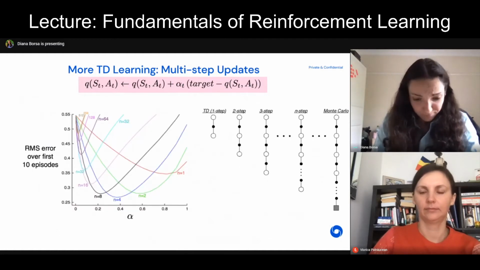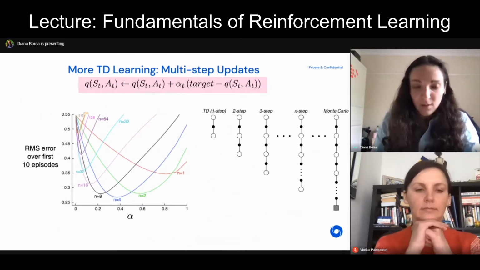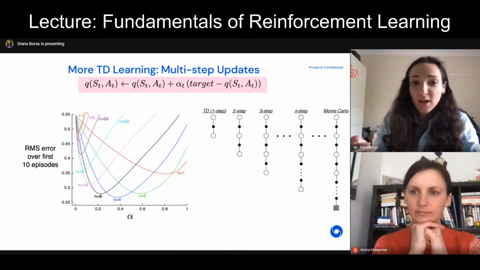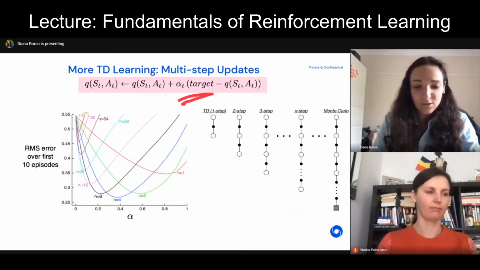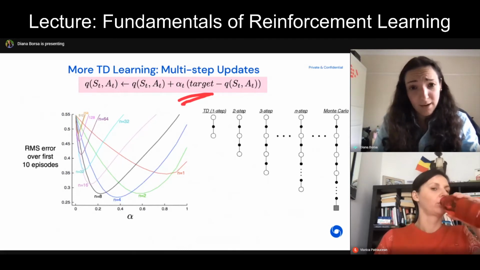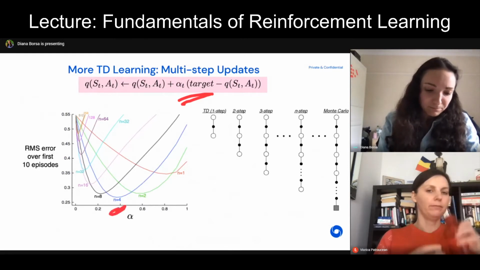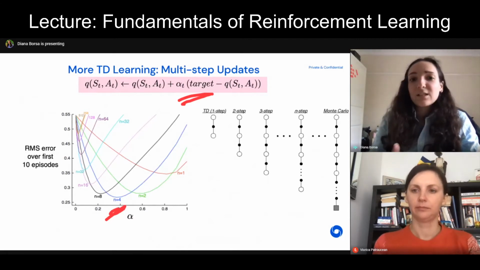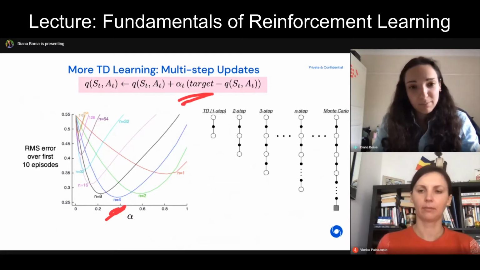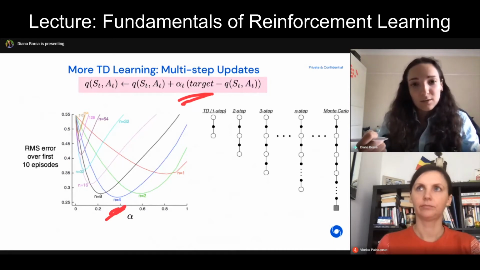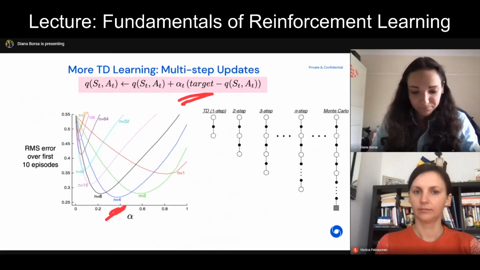This is just an empirical evaluation of this insight, where we have a scenario where we use this update to compute the value function with different n-step targets, and we can see that for this problem, n equals 4 seems to be the best one, but this tends to be very problem dependent and policy dependent and so on. So this is pretty much a tunable parameter, but it does give us basically a knob to search over this bias variance trade-off. Okay.